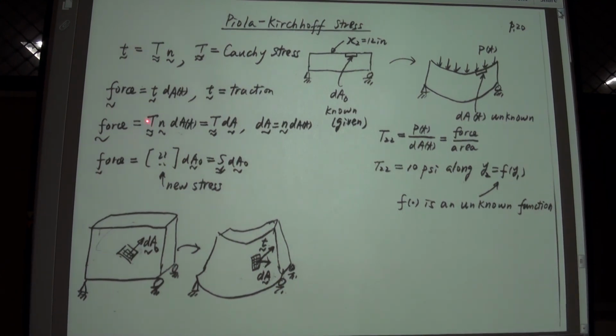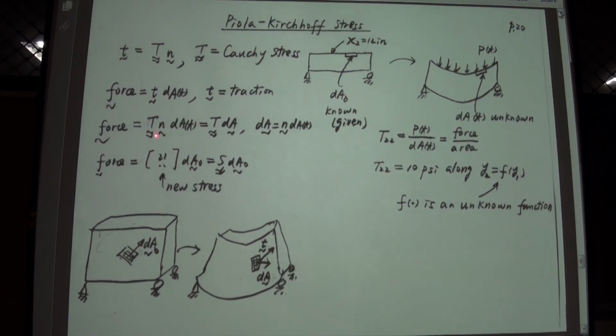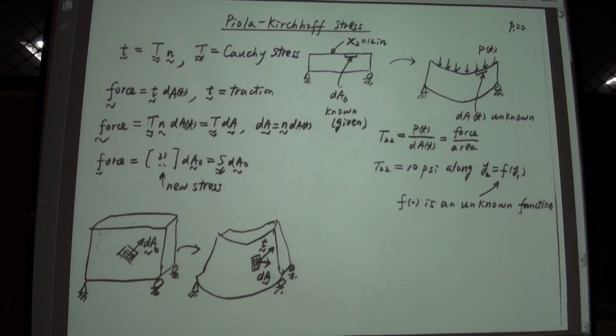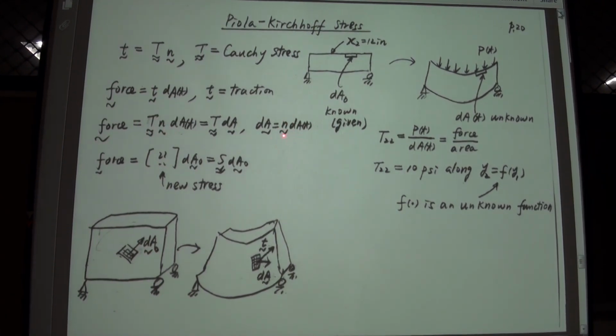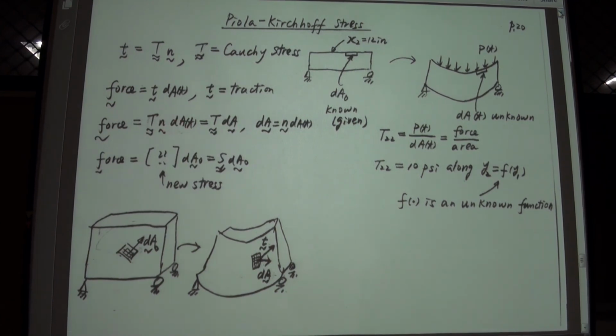Now, this traction vector can be replaced by the Cauchy stress and the normal. But now, this normal vector and the dA area can be defined as a dA vector, okay? An area with a direction. So we can rewrite this term as here.